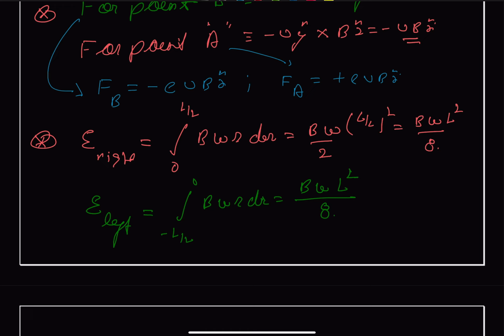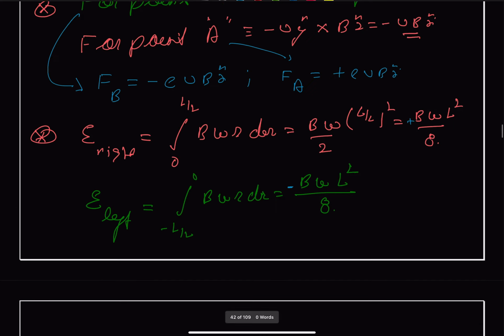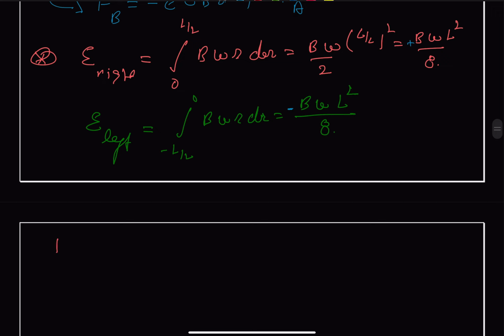And we know that the cross product of V and B is in the opposite direction, so the sign of this EMF will also be opposite. So for the left it will be negative, and for the right, let us suppose it is positive. So total EMF will be equal to the contribution from the left plus the contribution from the right.